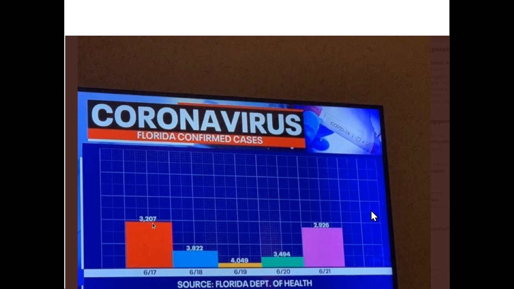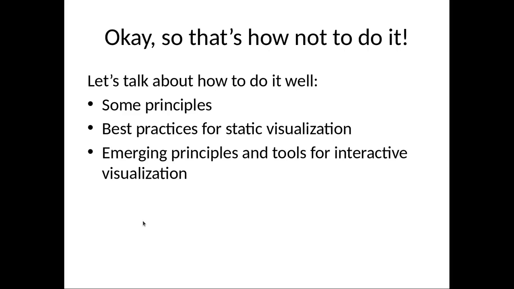And if you see here, the numbers are not as different as they are shown by the size of the bars. So this visualization could be used to show that there is a decline, although this number 4049 is much larger than 3207. Okay, so that's how not to do it.